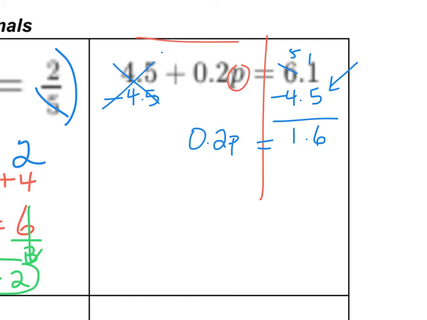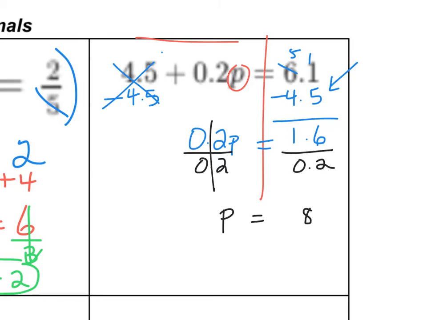Okay, now the operation happening here is multiplication. The opposite of multiplication is division. So I'm going to divide by 0.2 on both sides of the equation. This cancels out. So p equals, with 16 divided by 2 is 8. And I believe it will be 0.8.